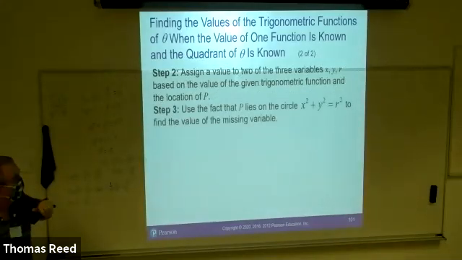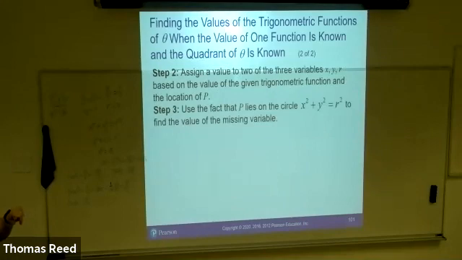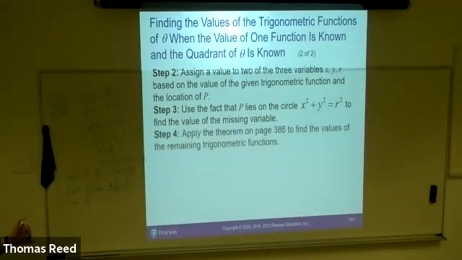And step 2, assign a value to 2 of the 3 variables based on the value given in the trig function and the location of P. And then use the fact that P lies on the circle, x squared plus y squared equals r squared, to find the missing variable.